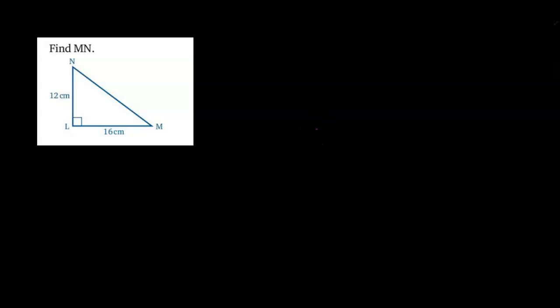So, based on the theorem, MN squared is equal to NL squared plus LM squared. So, MN is equal to the square root of NL squared plus LM squared.